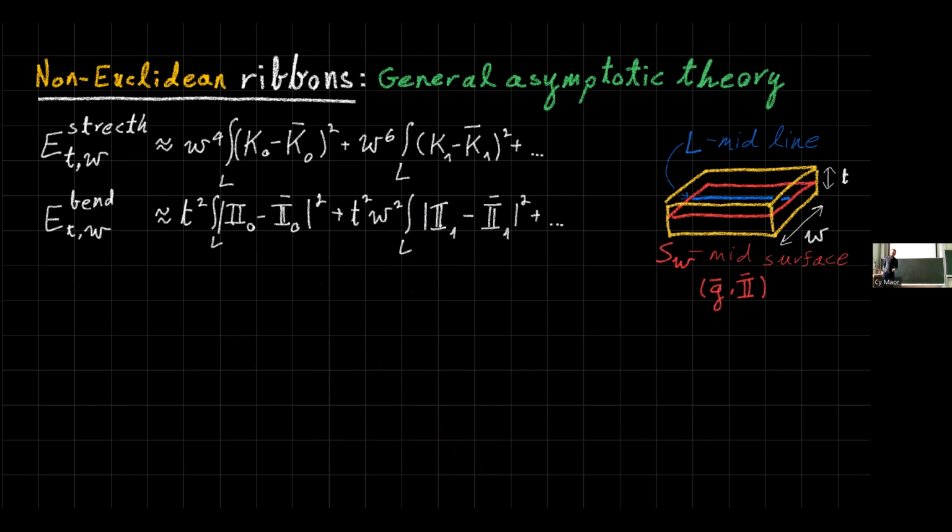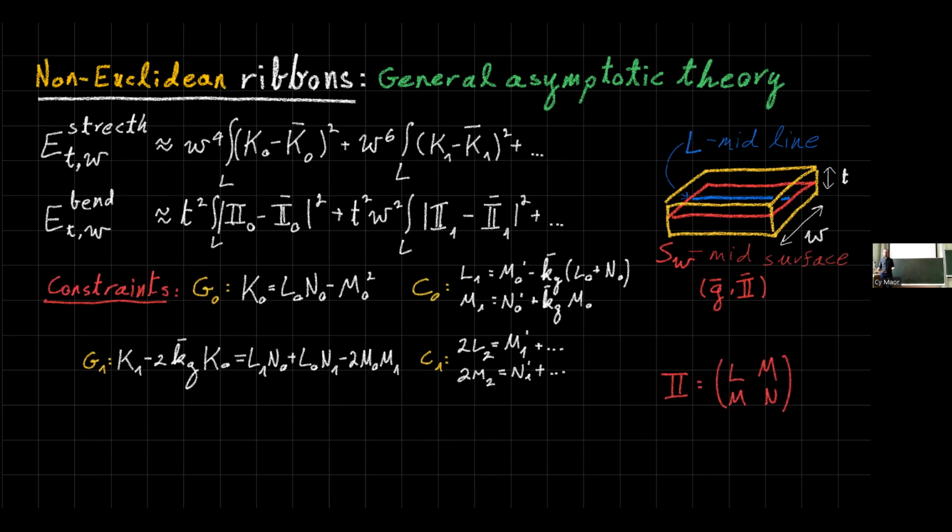So this is the same energy, and now you also need to develop the constraints order by order. Please don't try to read this. It's not very informative. It just tells you that you can write the Gauss equation and the Codazzi equations order by order, and then you're just trying to solve this order by order.